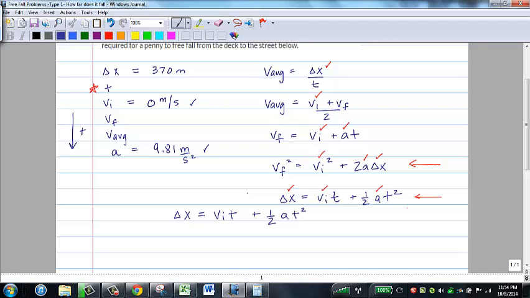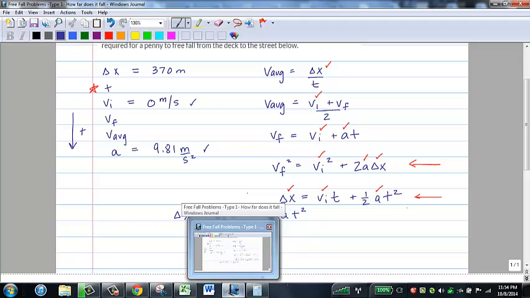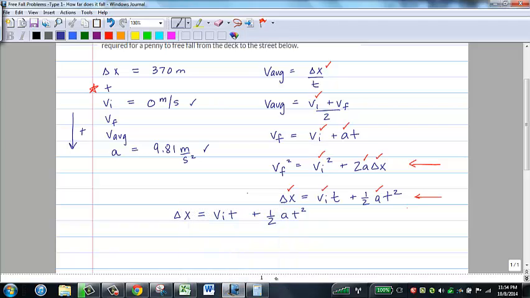And a lot of times when we're looking for a value that appears twice in an equation like that, you would need to solve for t, or typically it's called x, using the quadratic formula.